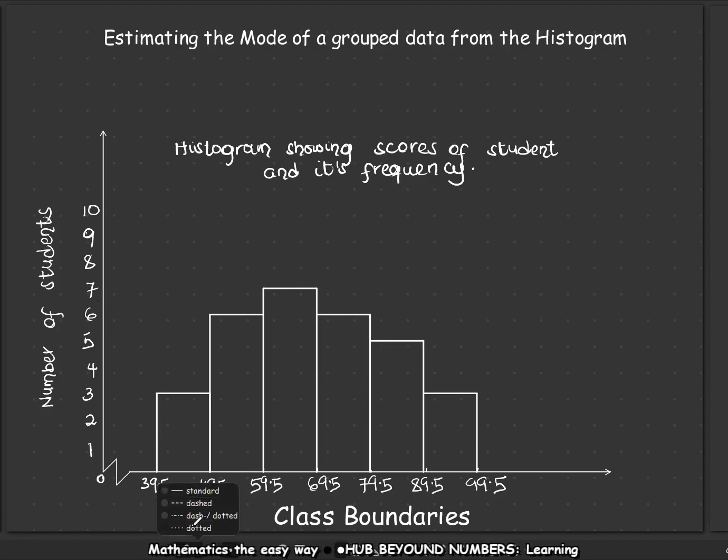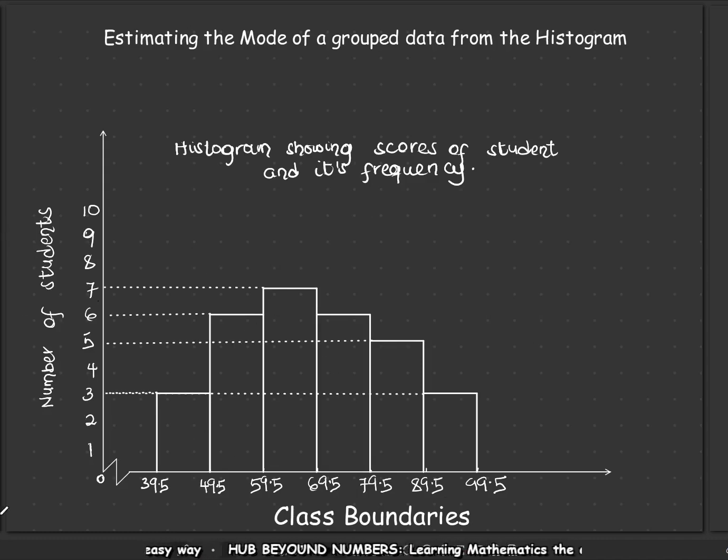And how do we determine their frequencies? We just look here. So this corresponds to 3, and they all have their correspondence. But the most important thing is looking at the one with the highest correspondence.